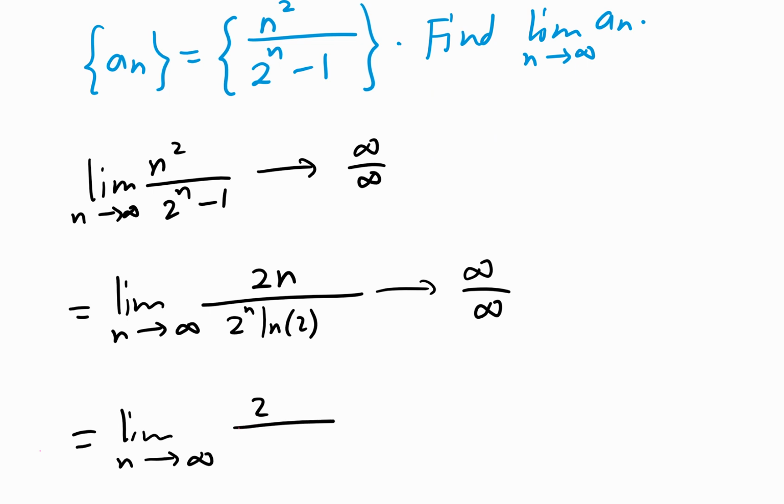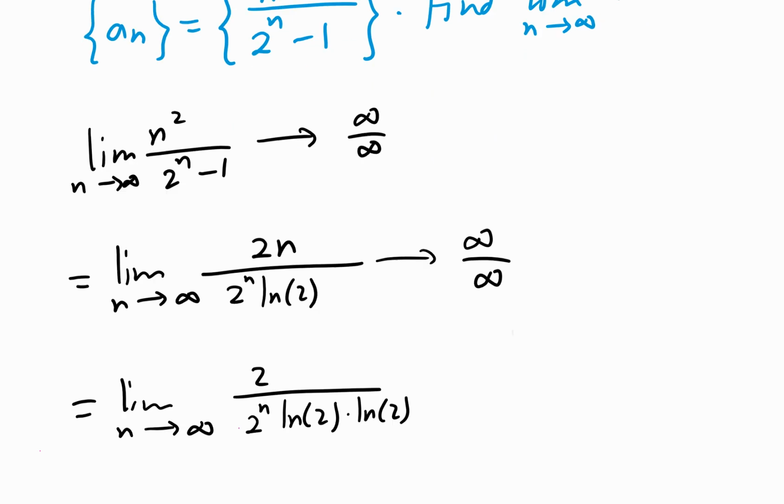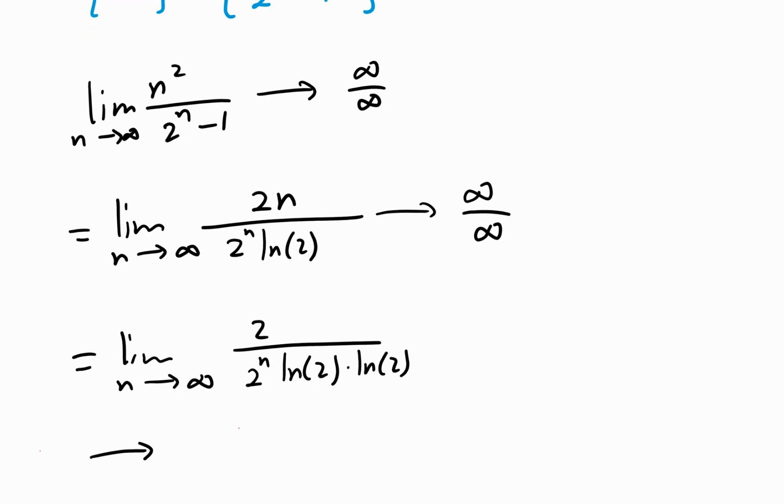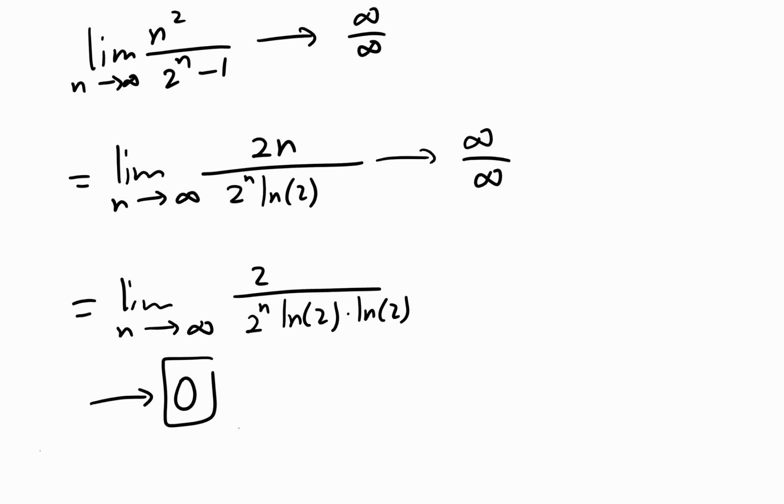The derivative of 2n is 2, and the derivative of 2 to the n is 2 to the n times natural log of 2 times the other natural log of 2. The denominator grows so fast it goes to infinity, so this is going to be a number over infinity, which is 0. So we say that this sequence converges to 0.